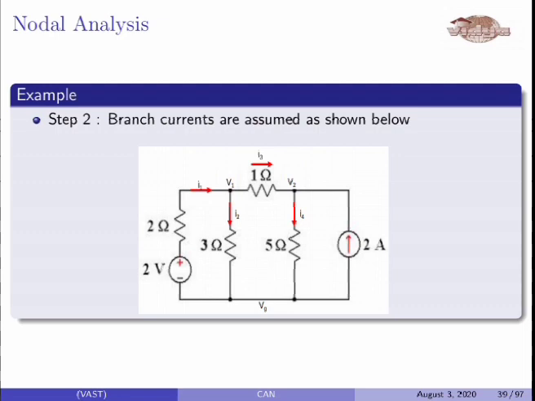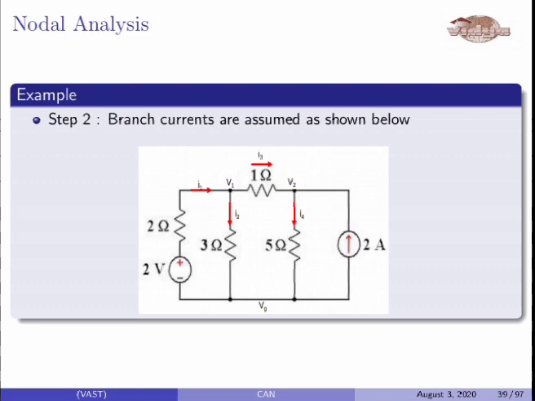Next step is to write the branch currents, and in this figure you can see that at different branches we assume the branch currents. You can assume the direction as you wish. So I have marked the branch currents as in the figure.